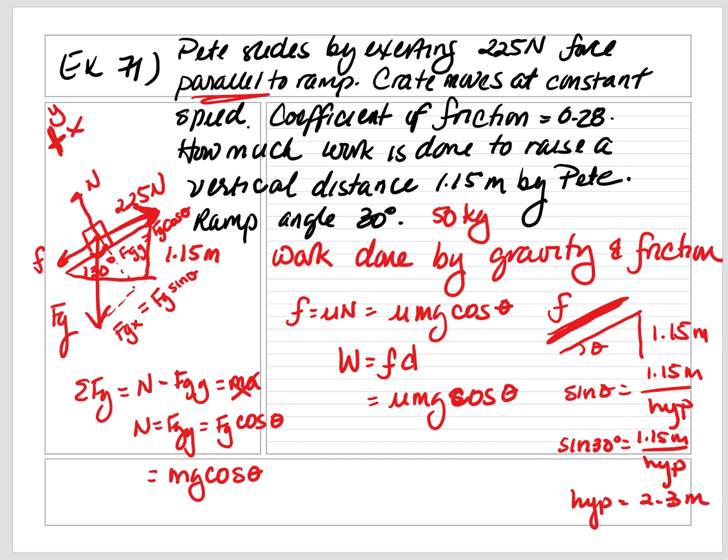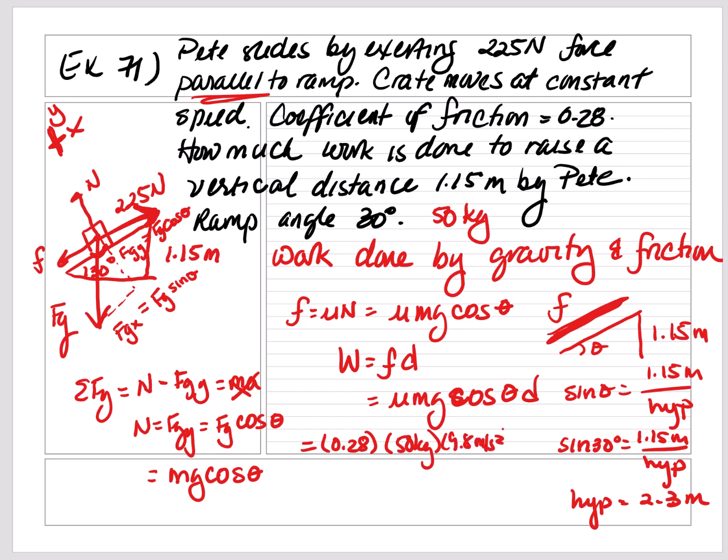If you do not understand how I solved the math, the beginning of this problem shows you how to find this hypotenuse. So I know my displacement, and now I'm going to plug in. This is going to be 0.28. We said the mass was 50 kilograms. This is 9.8 meters per second squared.